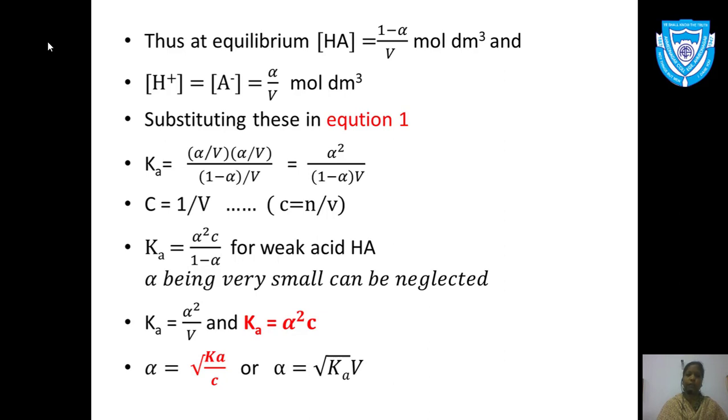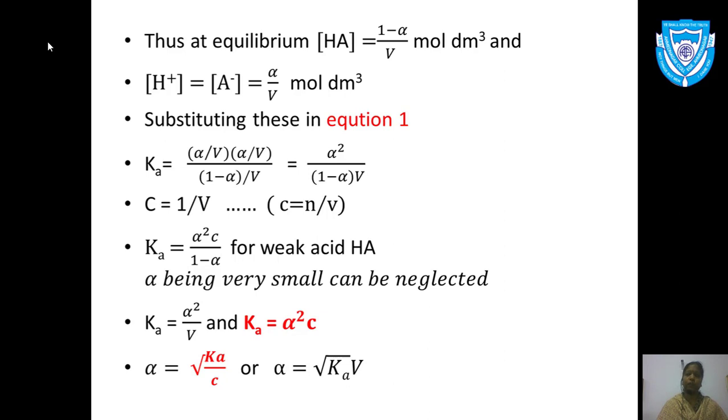Now alpha is very small. I already explained that alpha for the weak acid and weak base is very small. So it can be neglected from the subtraction or from the addition, but it cannot be neglected from the division or the multiplication factor. So it's like 1 minus 0.005 is nothing but 1.